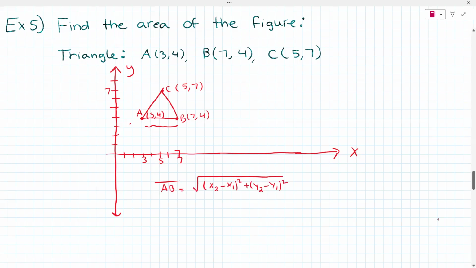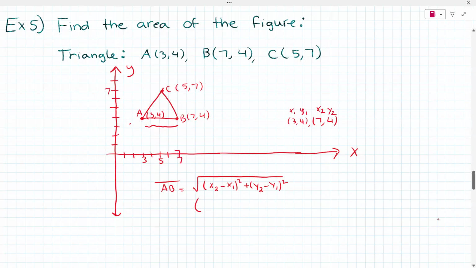From A to B, you have 3 comma 4 and 7 comma 4, so this is x1, y1, x2, y2.